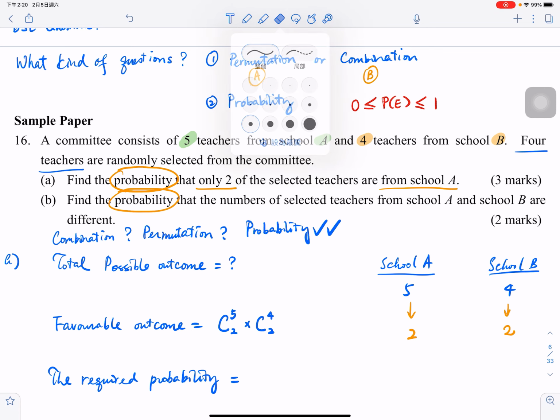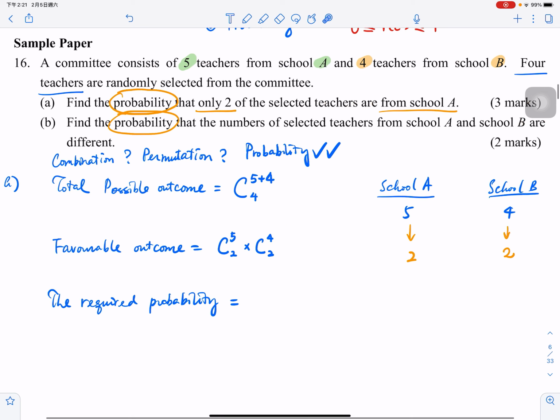That means whatever, you need to choose 4 teachers. Then find the total number of teachers now. So there are 5 plus 4 teachers from school A and school B, all the schools, and you need to choose 4. So this is the total possible outcomes.